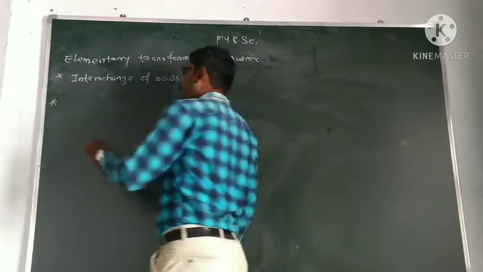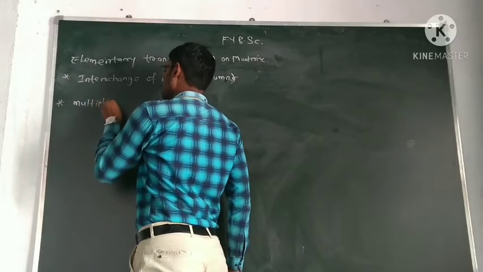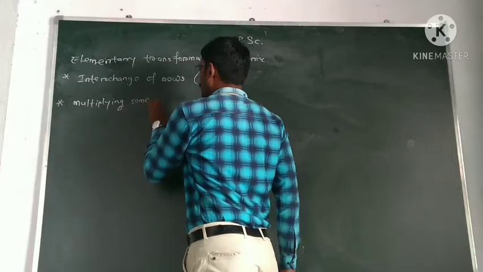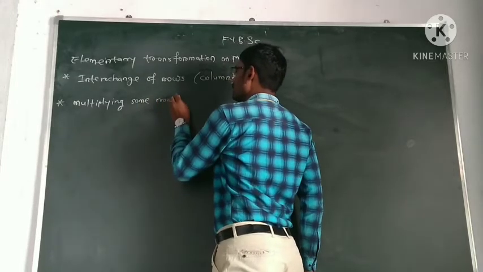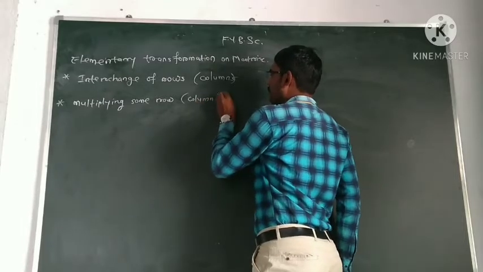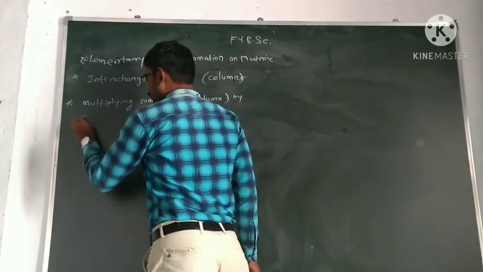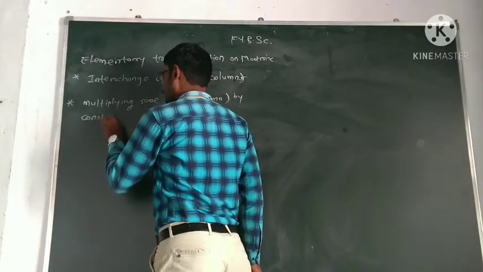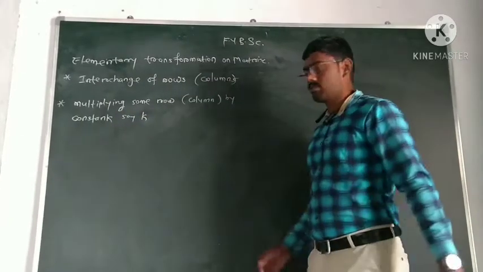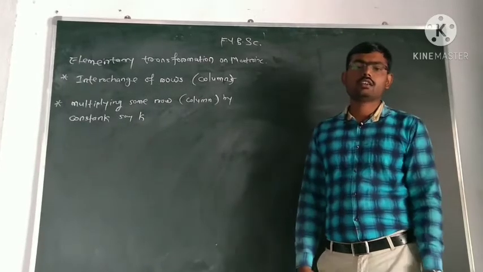Multiplying some rows or columns by a non-zero constant, say k. For example, multiplying some row by 2, some column by 3. This is also an elementary transformation.